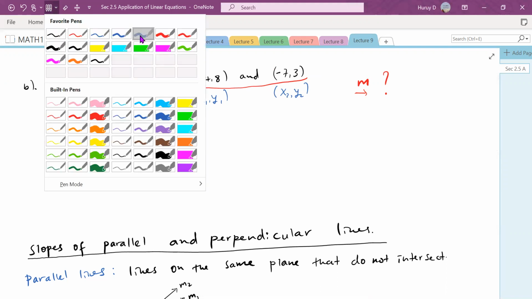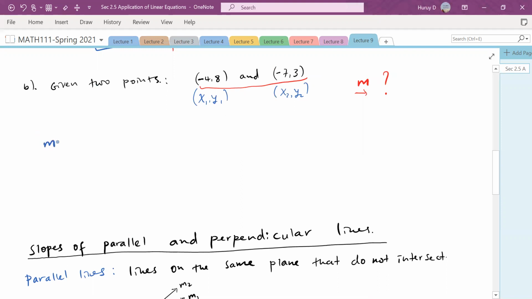Now m becomes y2 minus y1 over x2 minus x1. If you substitute each value, we get 3 minus 8 over -7 minus -4. Then we have -5 on top, and here we have -7 plus 4, which is -3, and that's 5/3. So here we have the slope.